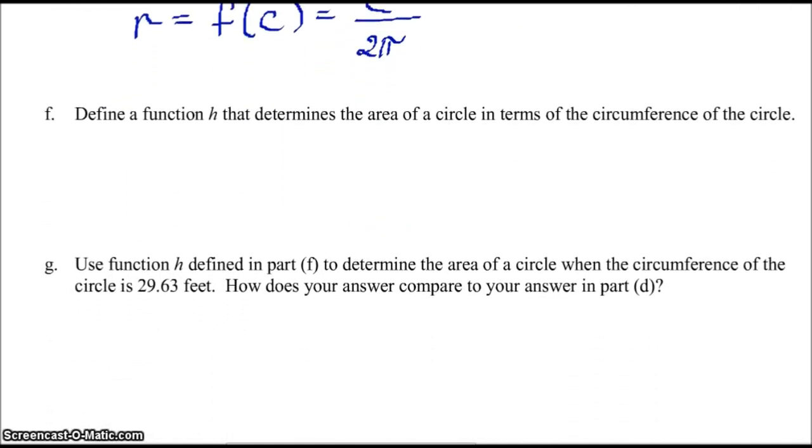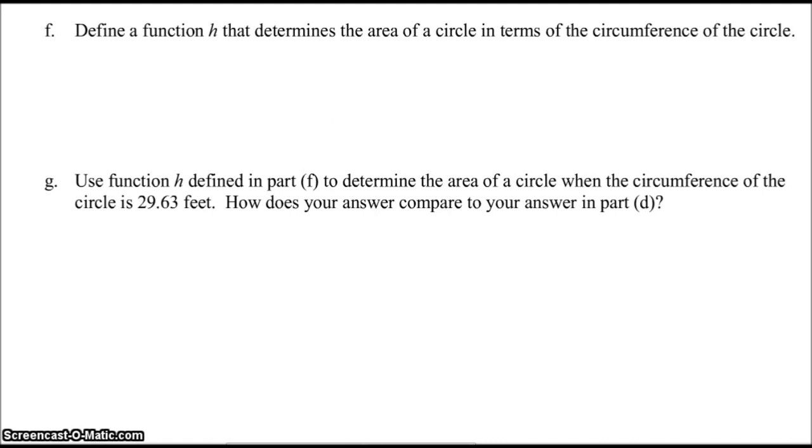Now, part F, define a function h that determines the area of a circle in terms of the circumference of a circle. So we want the area of a circle, but we want to use our function h in terms of the circumference of the circle.